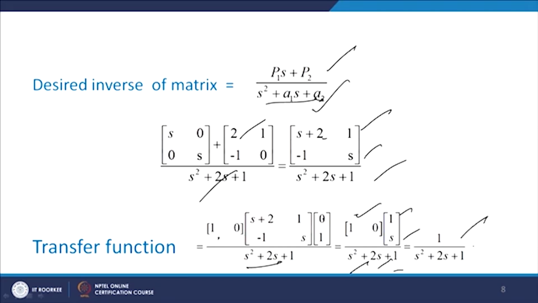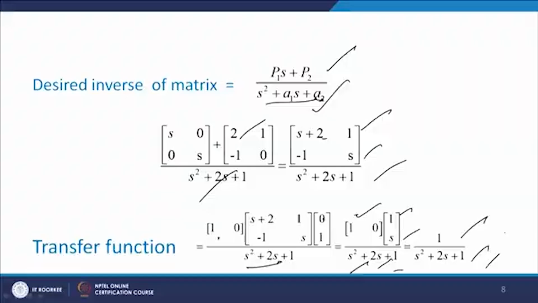So in solving this example, we have simply done some multiplications as well as additions, and we have got the inverse, that means no need for any further calculations.